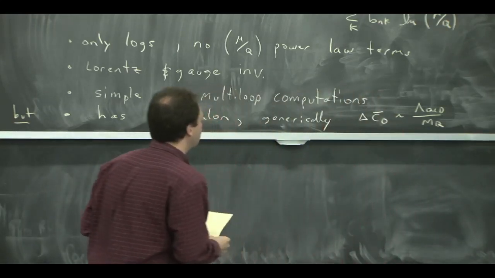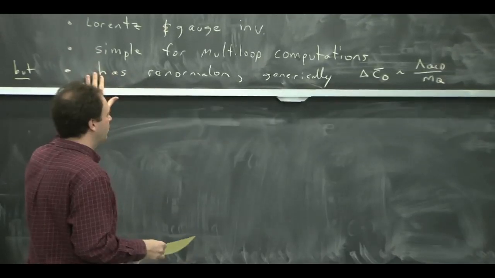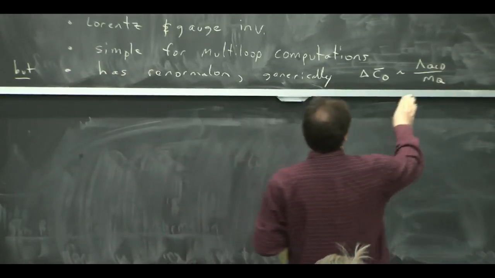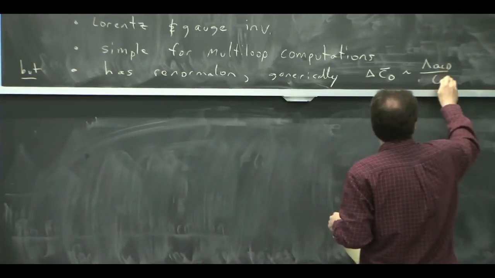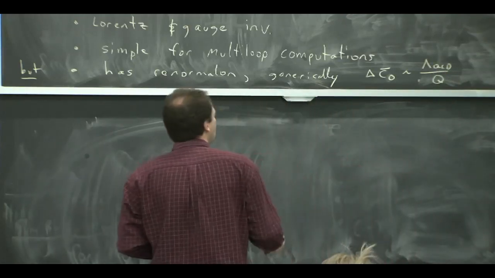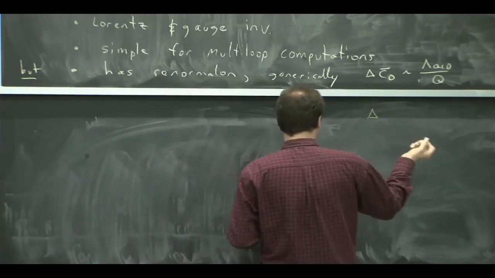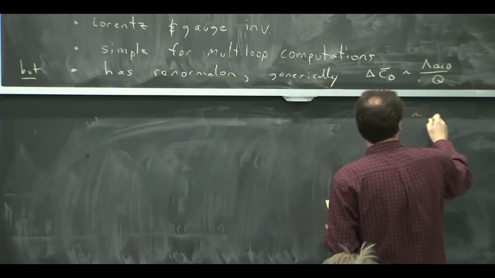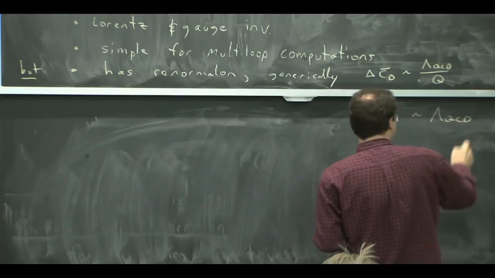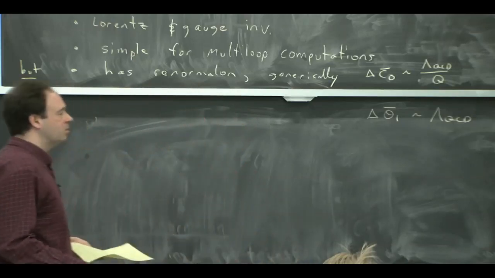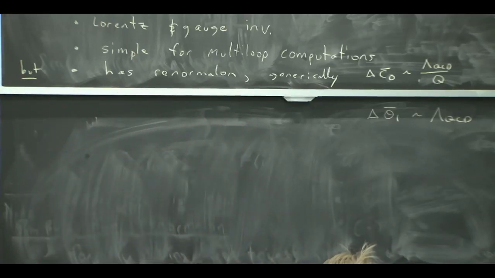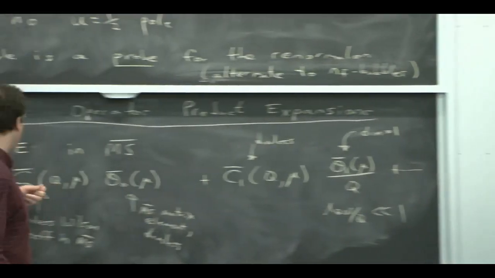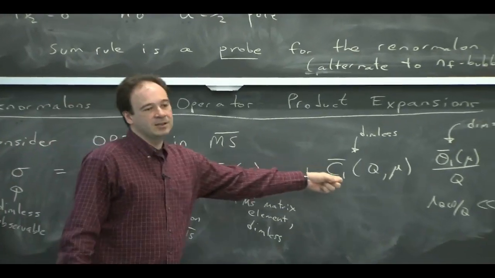It's of the size lambda QCD over Q, whatever the scale Q is. And you would have the same ambiguity in this theta 1 bar. So this theta 1 bar, which is an MSbar matrix element, has an ambiguity, which is of order lambda QCD. This guy has an ambiguity, and those ambiguities cancel.